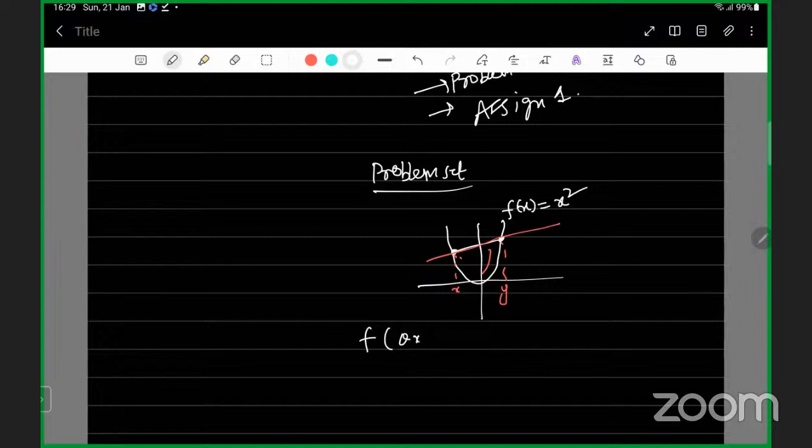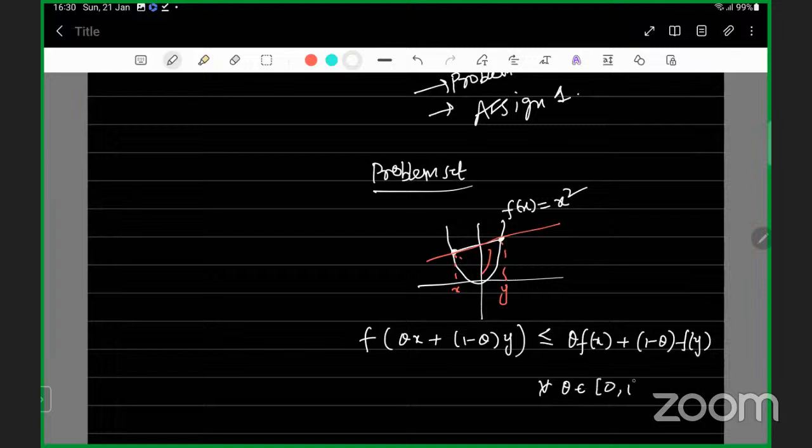So this is formally the definition of a convex function: f of theta x plus (1 minus theta) y is less than or equal to theta times f of x plus (1 minus theta) f of y, where theta belongs to 0 comma 1. Okay, so this is the definition of convex function, right?